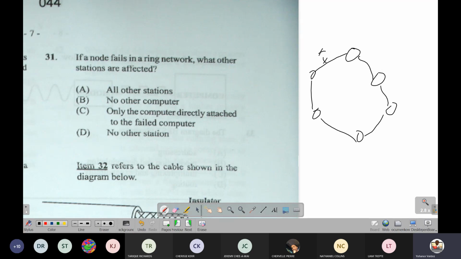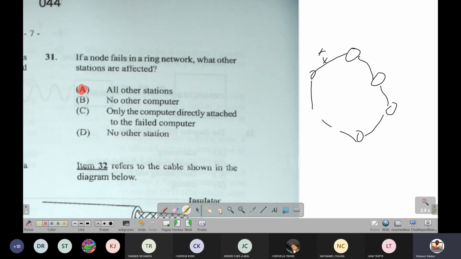If we have a break in one, then the whole network goes down. So all other stations are affected. If a node is no longer there on a ring network and the reconnection is not made, all stations on that ring network are affected.